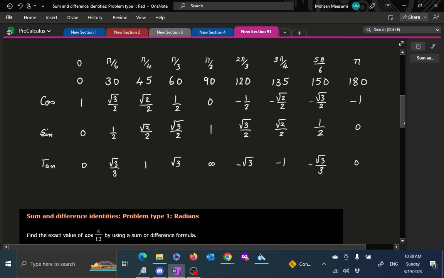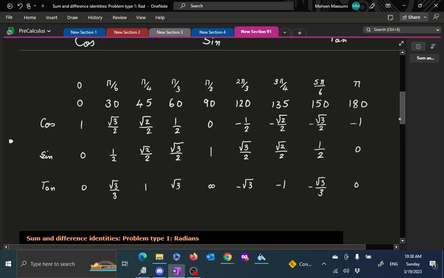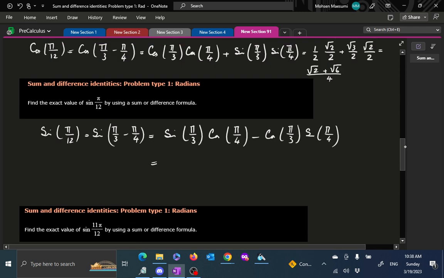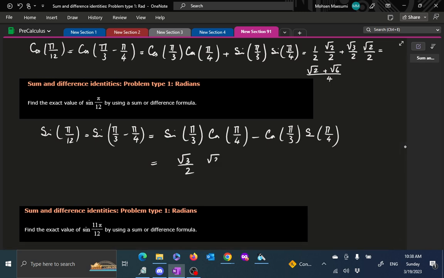Again, it's going to be an extensive exercise to rewrite this table over and over again until it falls in place for you. So this becomes radical 3 over 2 and radical 2 over 2, and this is 1/2, and the other one is again radical 2 over 2.